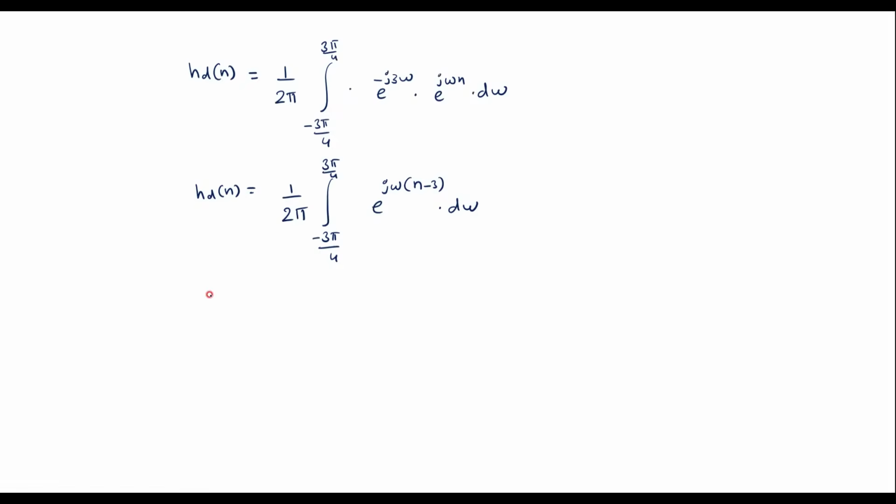Now let me integrate this: h_d(n) = 1/2π times e^{jω(n-3)} divided by j(n-3), with the limits -3π/4 to 3π/4.